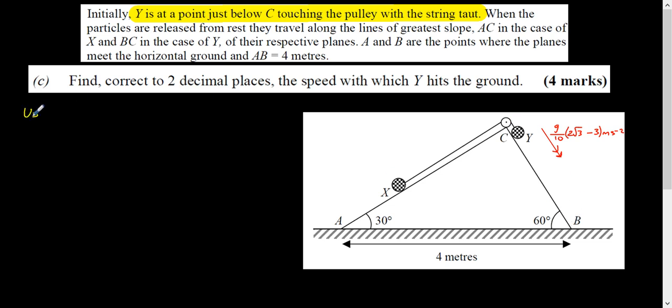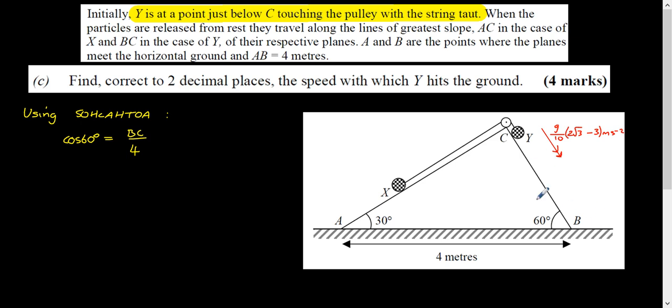So if we want to find that distance out, we can use SOHCAHTOA, because in this example, okay, so this is not a procedural part, this is particular to this question, but we can use SOHCAHTOA because we have a 90-degree angle. So using SOHCAHTOA, we can say that the cosine of 60 is given by BC divided by 4, because 4 is the hypotenuse of this triangle.